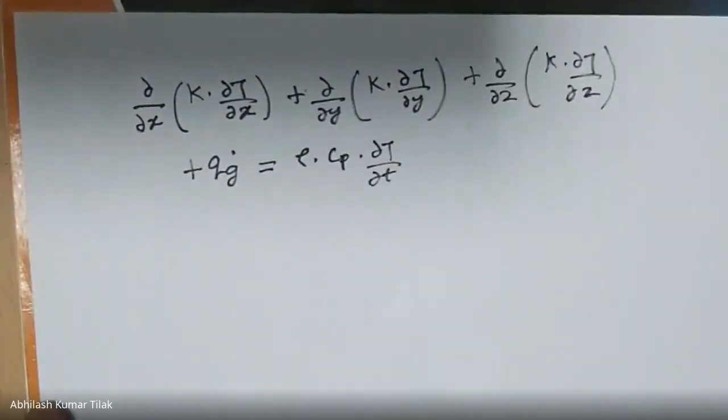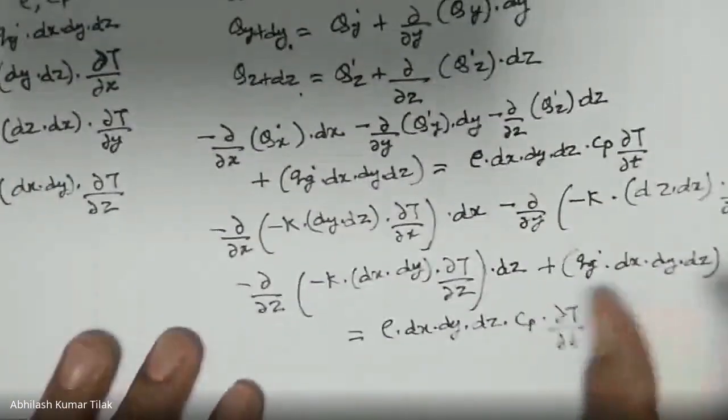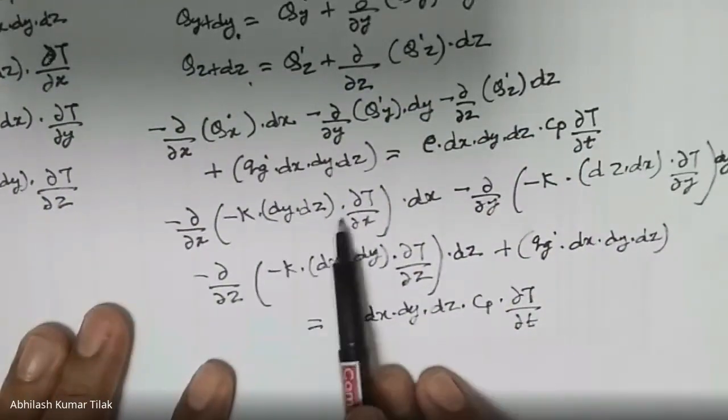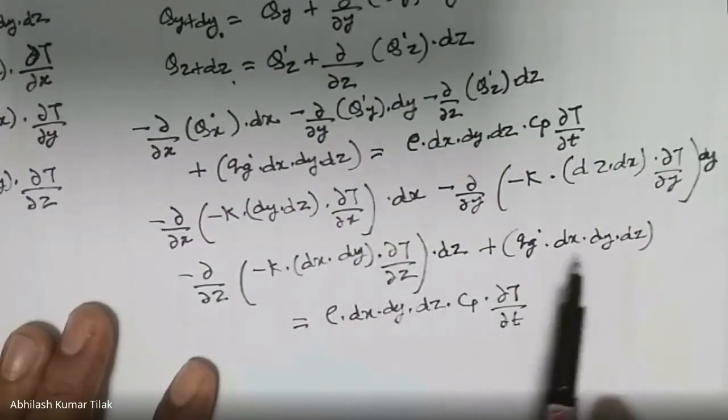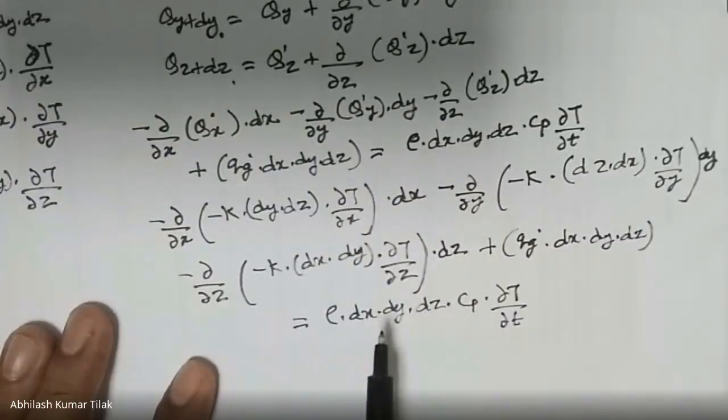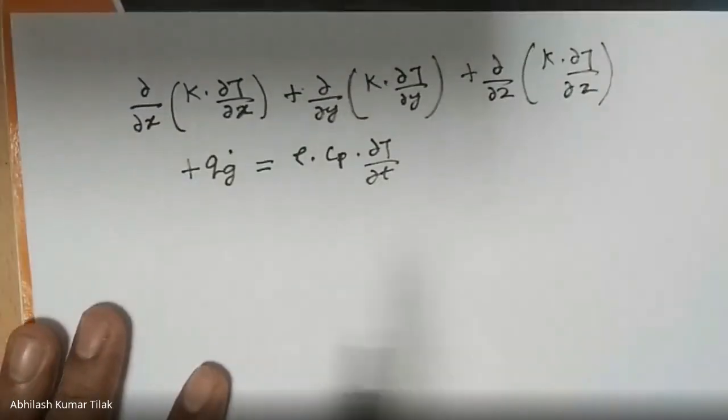Since we have cancelled out dx, dy, dz, which is common in all these terms on the LHS as well as on the RHS side, we are having this equation now.